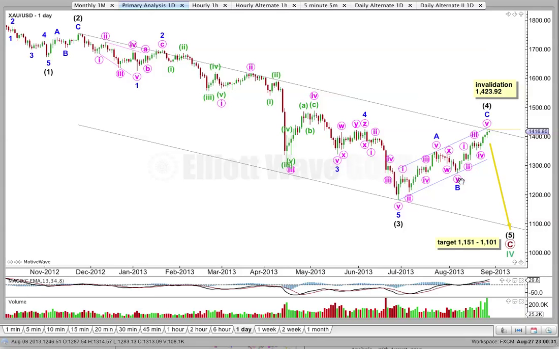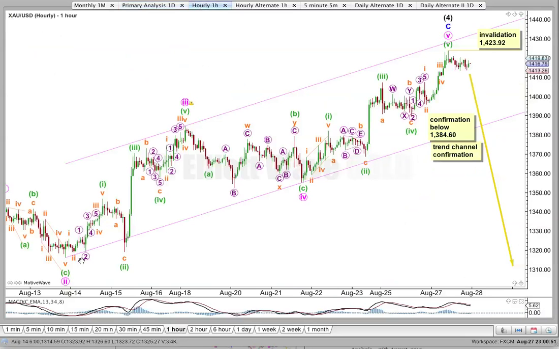On the daily chart, this is my main wave count for gold, and this price point here, the start of minute wave 3 within minor wave C, is dated 14th of August, and the low for that candle on the daily chart is 1315.92. But when we look at that data at the hourly chart level, this is the start here, it's not quite as low, it's 1316.05.